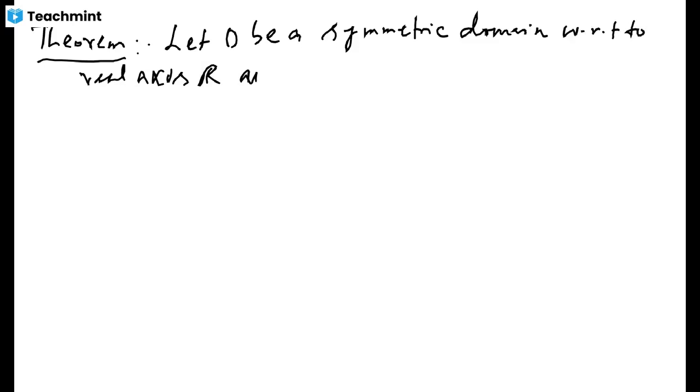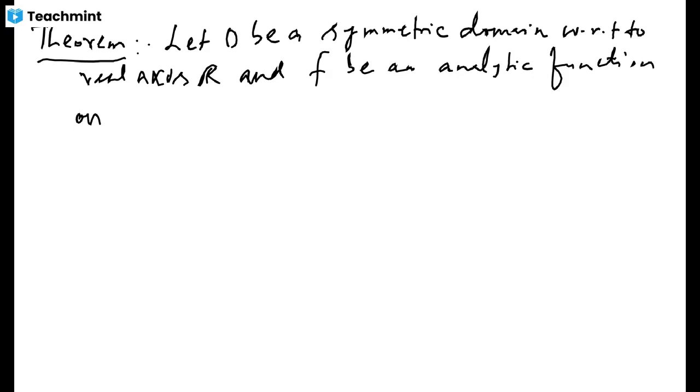and let us take f to be an analytic function. f is analytic on this D plus part, and you know this D plus part is the part of the domain where the imaginary part is greater than 0.